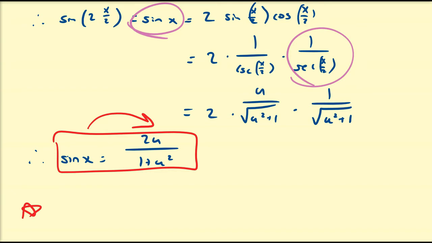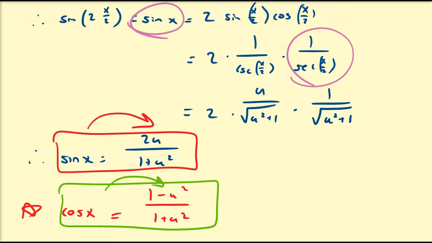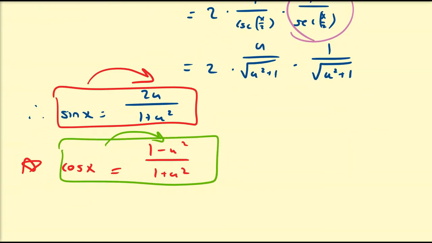And similarly, you can verify that cosine of x is going to be mapped to the function 1 minus u squared over 1 plus u squared. Right? So this is going to be the last piece of the puzzle. So with all these things said, and also let's recall, dx is going to be mapped to 2 divided by 1 plus u squared du.